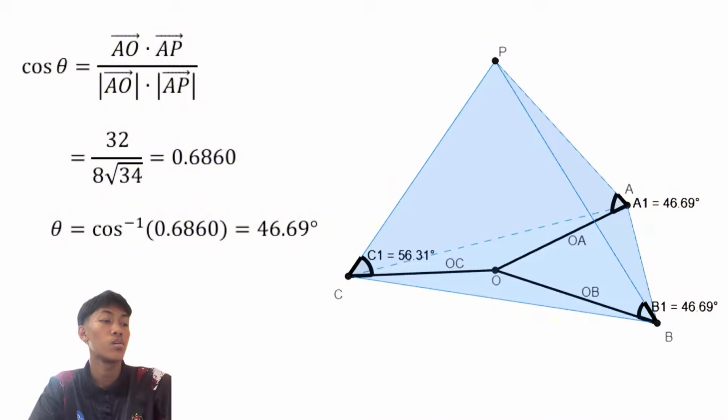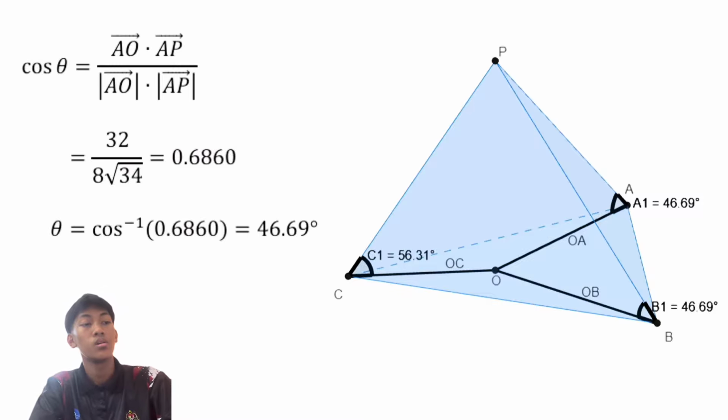As you can see in the figure, we have plotted the location of the angles. So we have C that we just found, which is 56.31, and then we notice that the angles A and B are equal, which is 46.69.